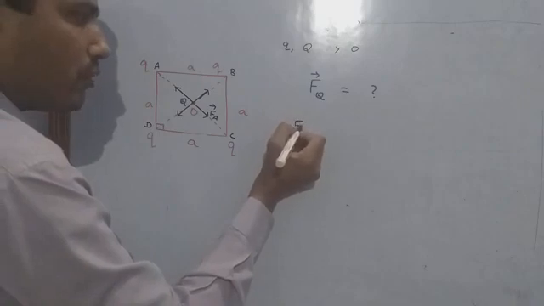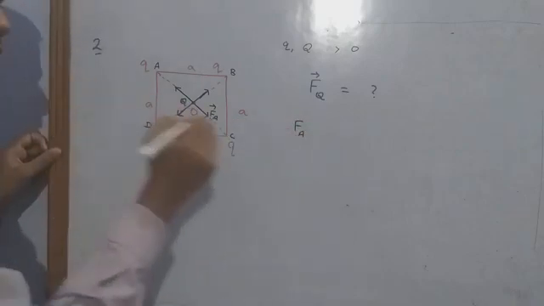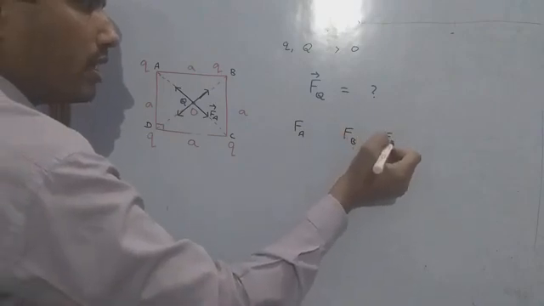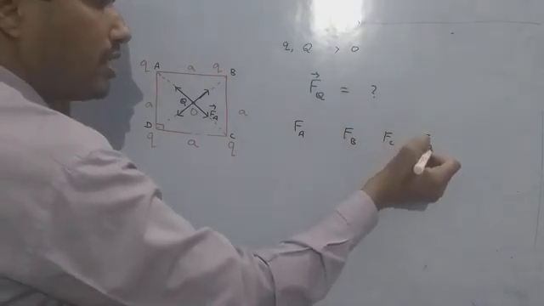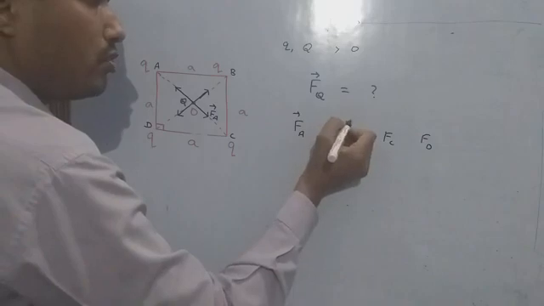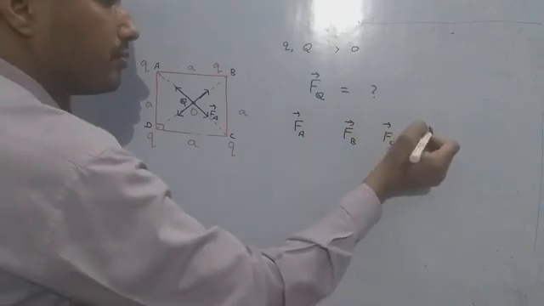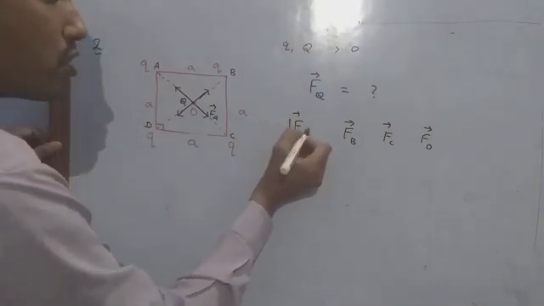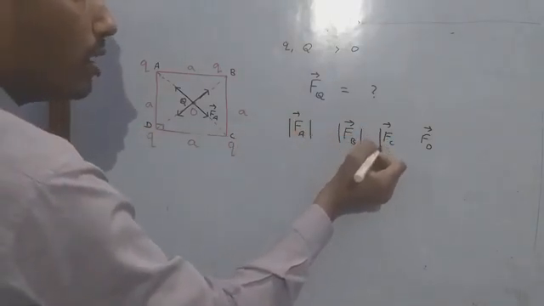Can you see the figure and judge whether among these four vectors FA, FB, FC and FD there is any specific coincidence? I think you have guessed. Their magnitudes must be equal.